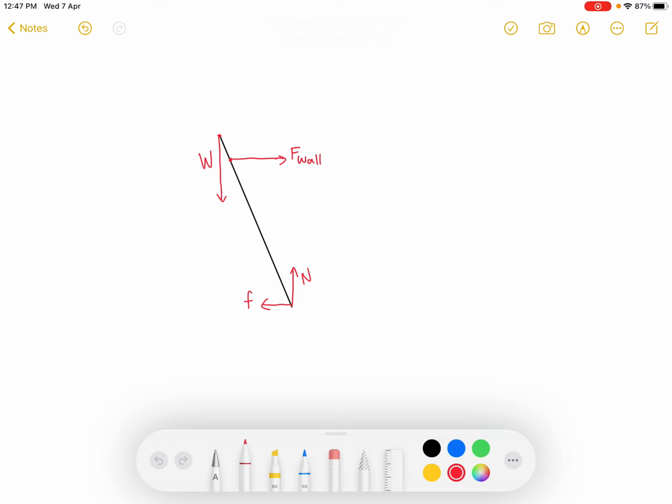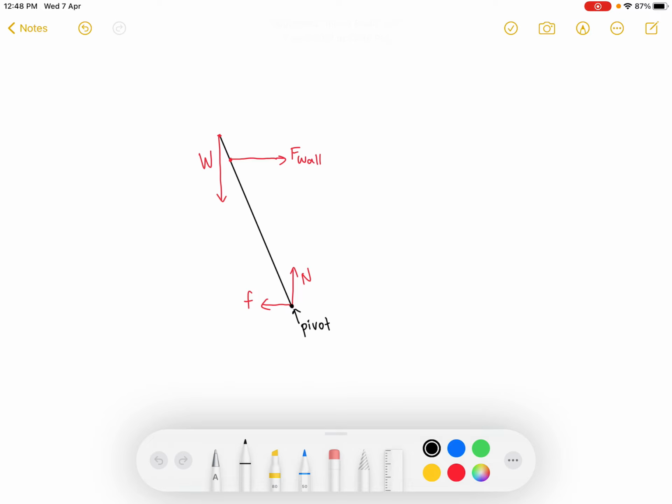So in this case, we have the normal force and the frictional force acting at a common point. So it will be a smart choice to put the pivot at this point where the normal force and the frictional force are acting.